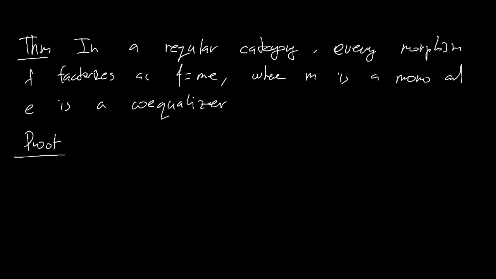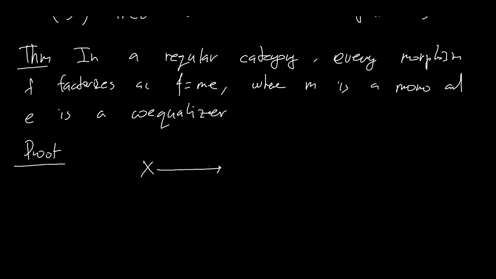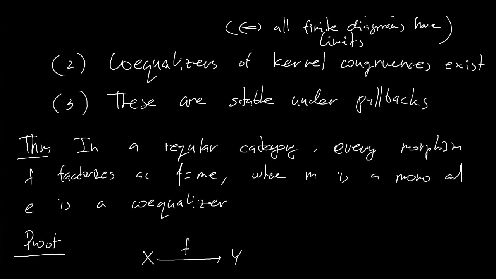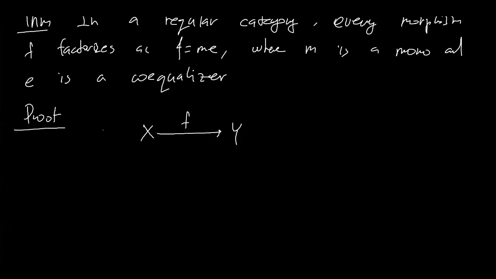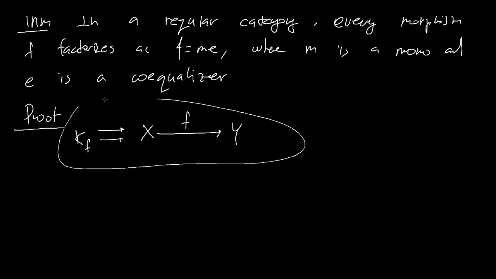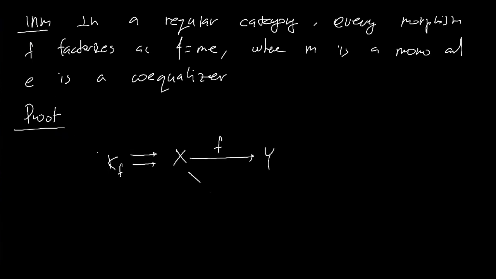So how does one prove such a thing? We've got F. Because of property one, because equalizers and binary products exist, we can create a kernel congruence of F. Then, because of the second property, we can create its co-equalizer. That will be E. And because of what we just proved, this unique morphism will be a monomorphism.